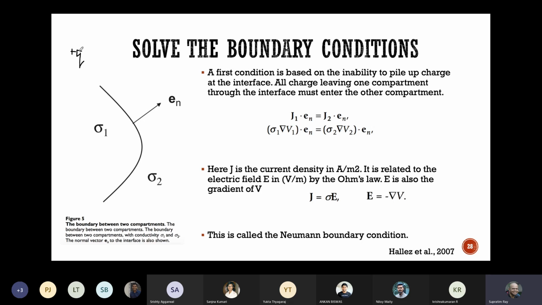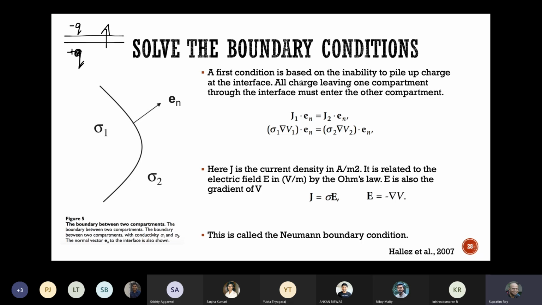We talk about monopoles all the time, but in nature, isolating and holding a charge like this is very hard. Typically, there is some other charge nearby which neutralizes it. A capacitor, for example, has positive and negative charge separated by some distance. Even in the brain, we don't usually have monopoles, we have dipoles, current sources and sinks, because it's very hard to pile up charge somewhere, especially at the interface.